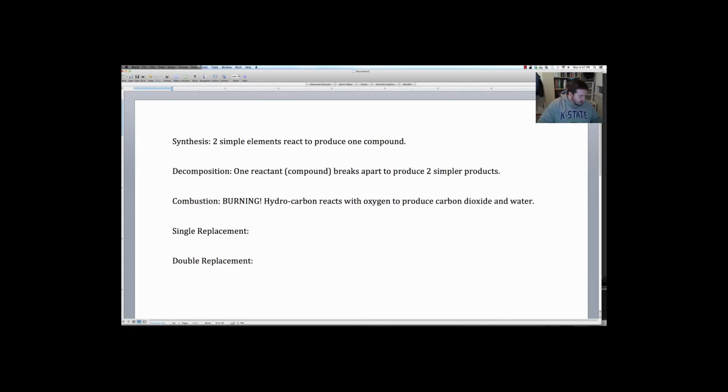So in this case, all hydrocarbons are organic compounds. Could be something like propane in your gas grill out back. Could be the parts that make up a log, which are also mainly a hydrocarbon. When we burn it, it reacts with oxygen from the air. We get carbon dioxide and water, as well as a couple other products, but we're going to skip those for now.